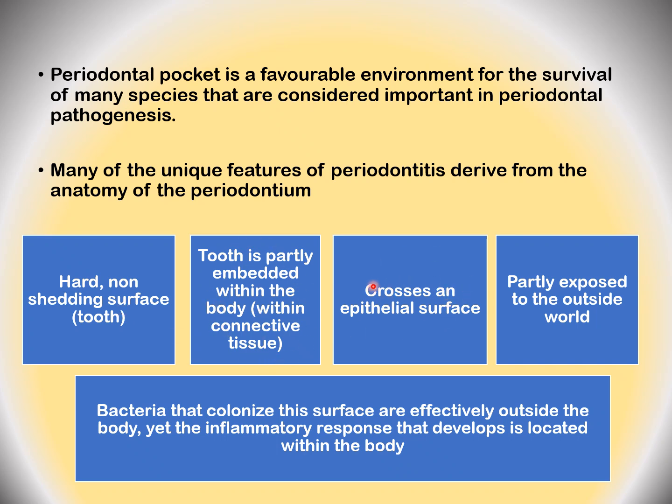It crosses an epithelial surface and it is also exposed to the external environment. So this creates a unique scenario where the bacteria remain outside the body on the tooth surface, but the inflammatory response they trigger occurs within the body.